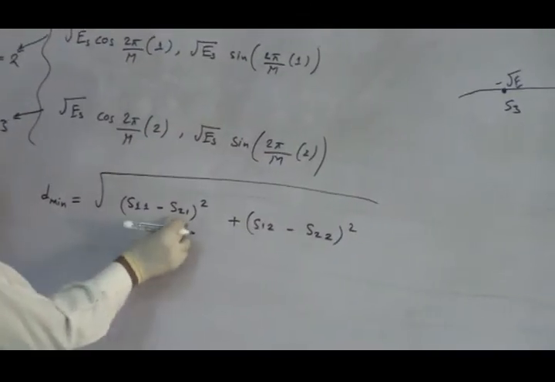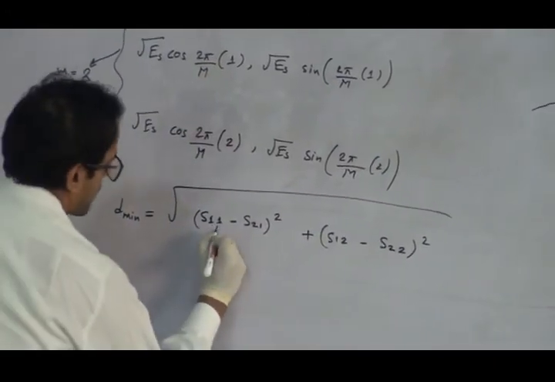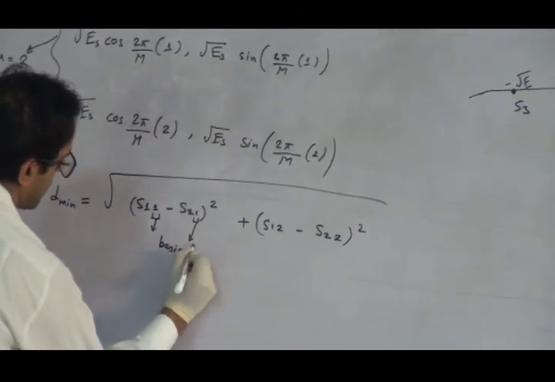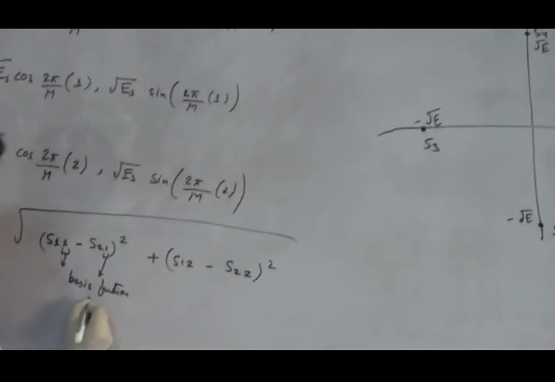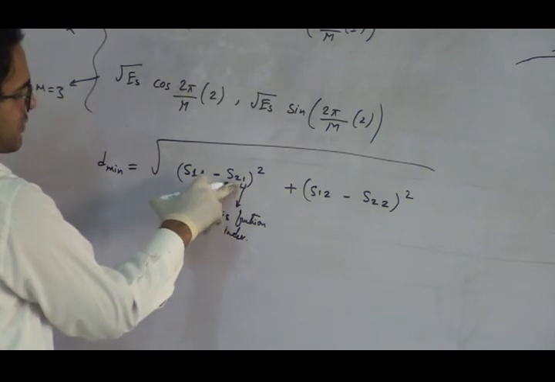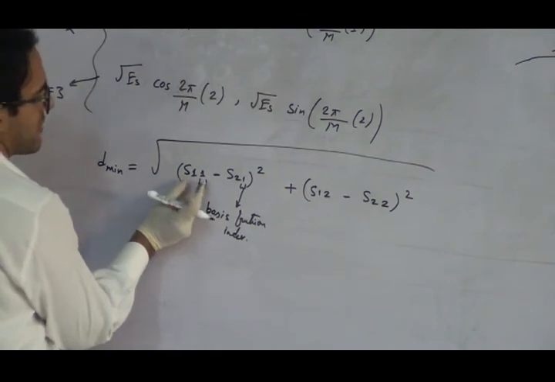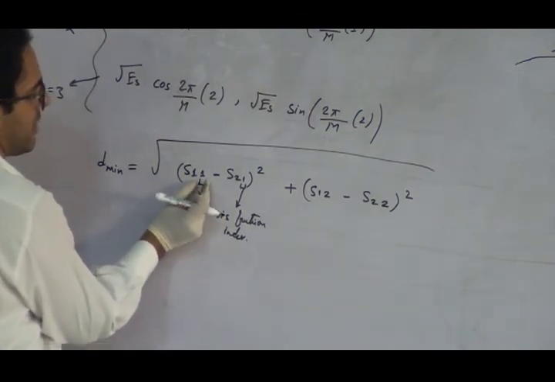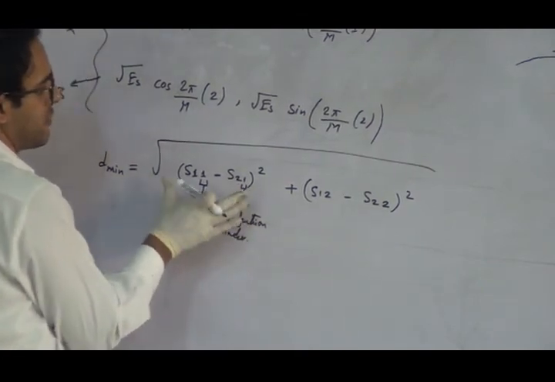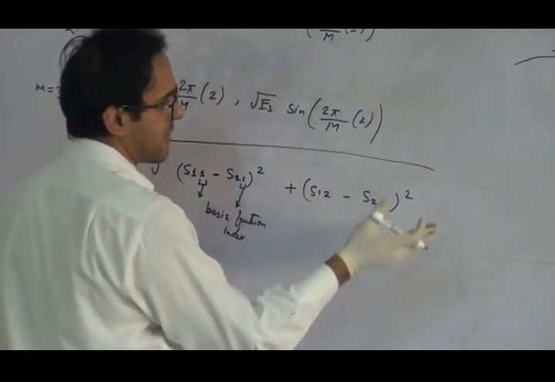What are these S11 and S21? These are these values, right? This one corresponds to the basis function index, and this 2 corresponds to the contribution of the signal class. This is the contribution of the signal class 1 onto the basis function 1, and this is the contribution of signal class 2 onto the basis function 1, right? So you subtract these contributions and take the square, and likewise, you go for the other contributions.